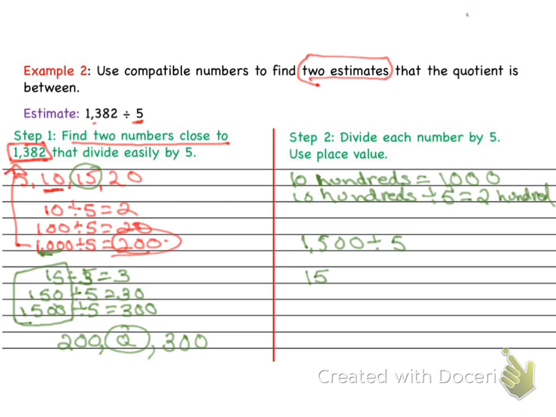That gives me 15 hundreds divided by 5, which I know is 3 hundreds. So 1,500 divided by 5 would have to equal 300. So once again, my answer would be somewhere in between 200 and 300.